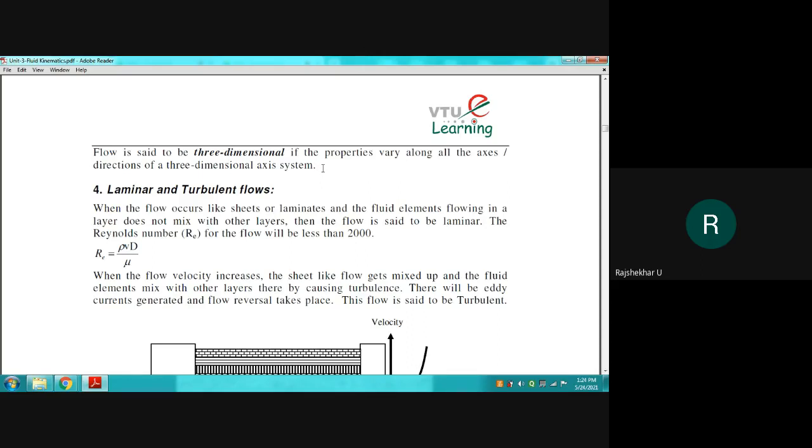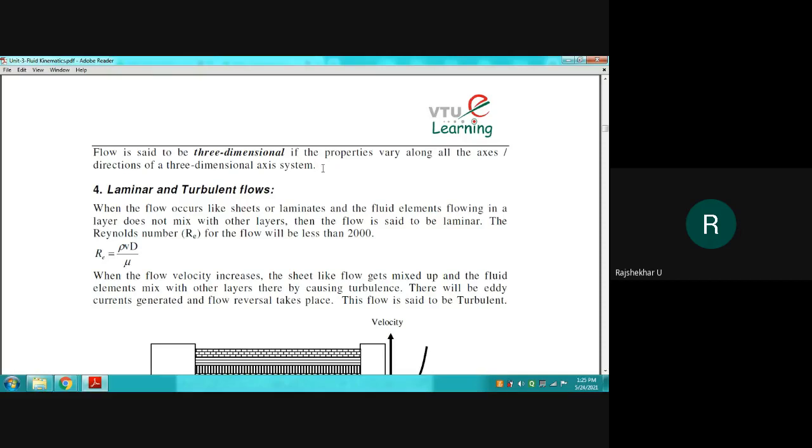As per the assumption or the given data, the properties are changing only in the x direction. So there is no point in studying the properties in the y and z directions, because they are not varying. They are constant. So that is one-dimensional, two-dimensional, and three-dimensional flow.